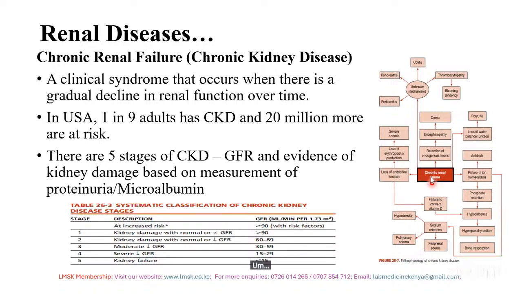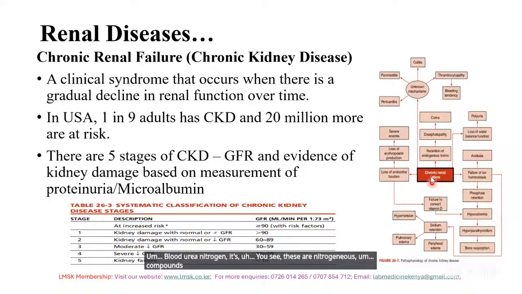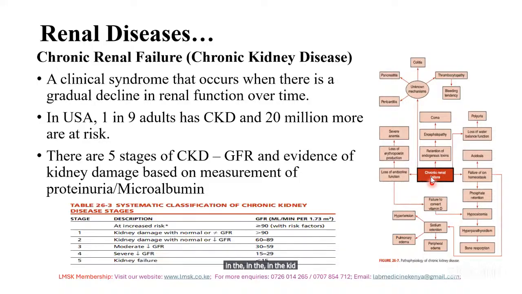Blood urea nitrogen, you see, these are nitrogenous compounds that are broken down from the liver and excreted in the kidneys.